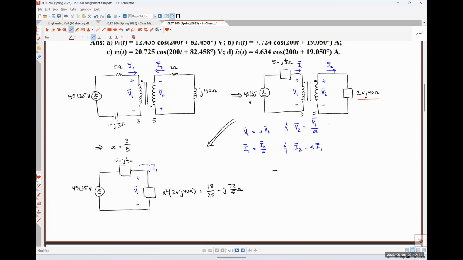So we could say that I1 is going to be 45 angle 35 degrees volts divided by 5 minus J 1/3 of an ohm plus 18 over 25 plus J 72 over 5 ohms, like so. Okay. So I'm going to throw this into my calculator.